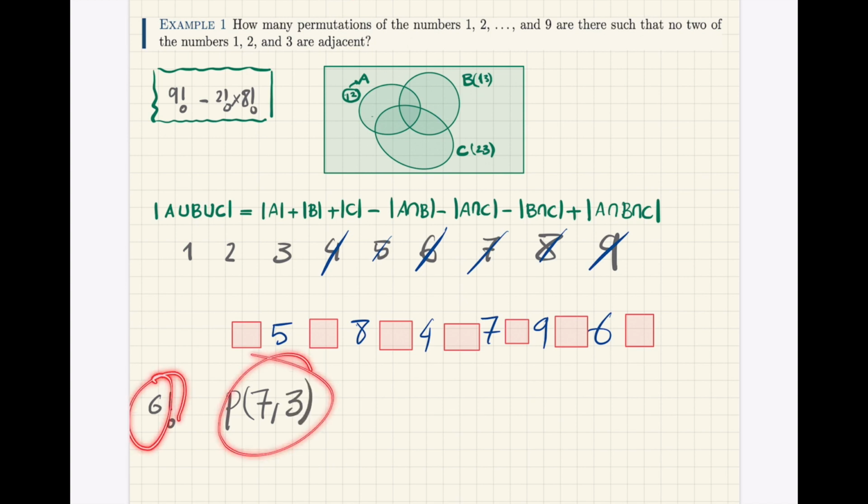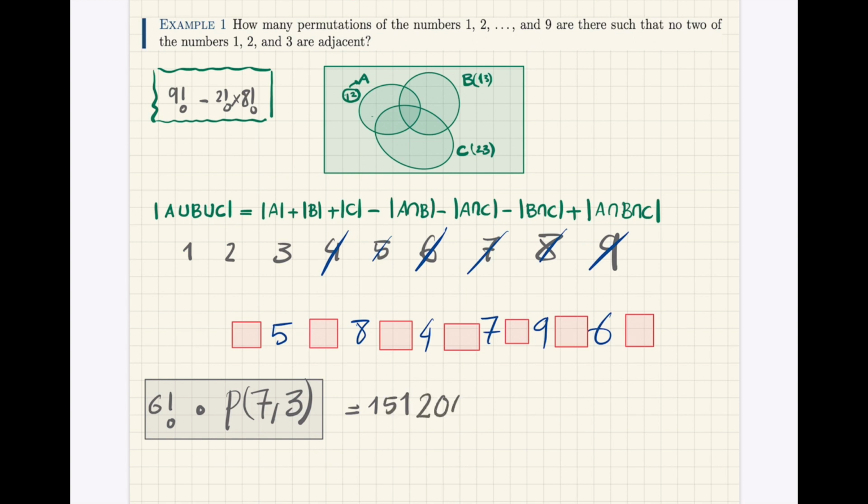What should I do with these 2? Multiply. Multiply, exactly. So you see, this answer is half a line. Is the final answer 907,200? No, the answer that I get is 151,200.